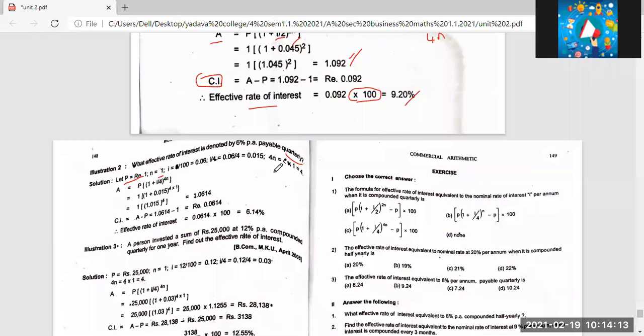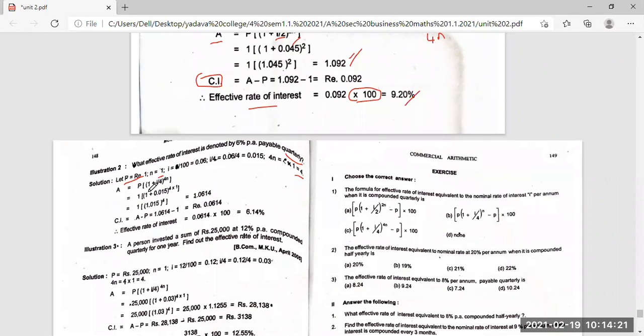Then N, 4 into N, 4 into 1 we have to do, 4. So the same formula we have to apply, but here they have given quarterly. So I divided by 4 the whole power of 4N. A is equal to P into 1 plus I divided by 4 the whole power of 4N.